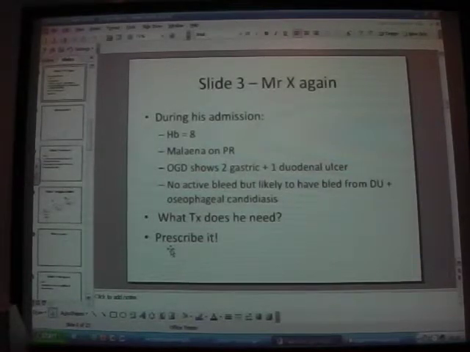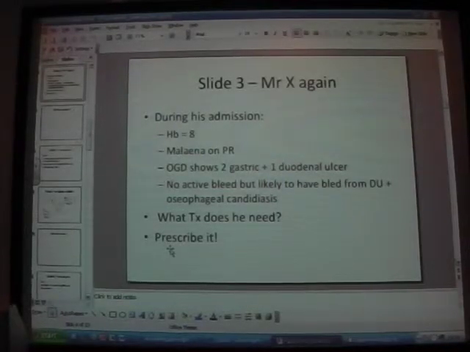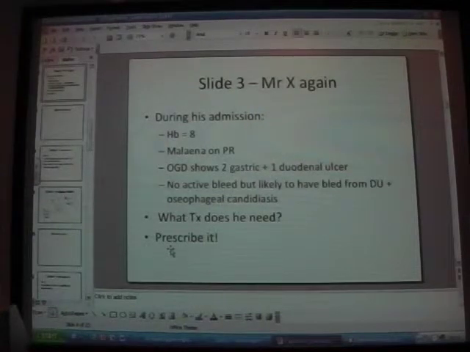If you don't have a drug chart, write it down anyway. You know what all the boxes are, don't you? Yeah.